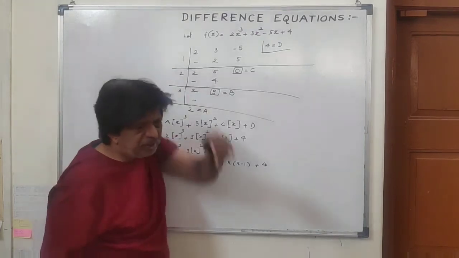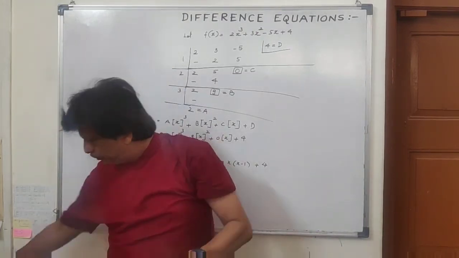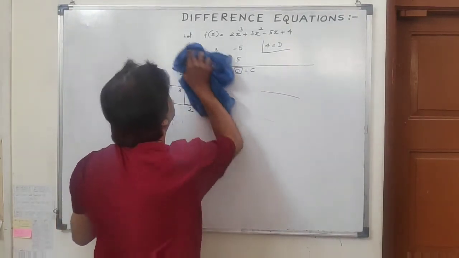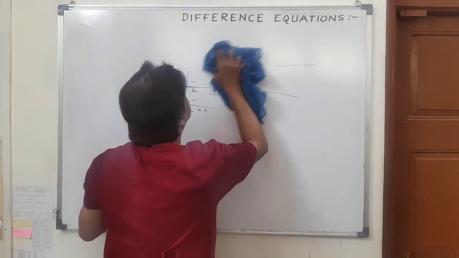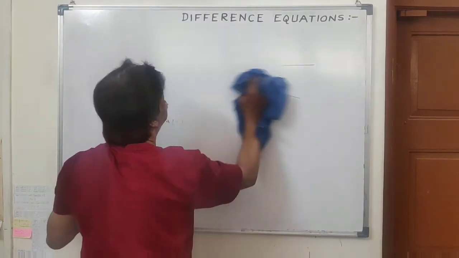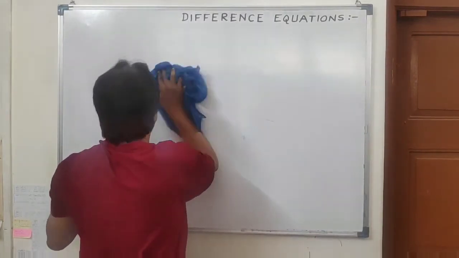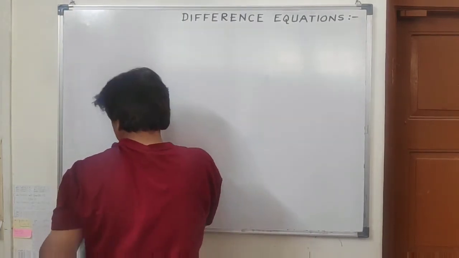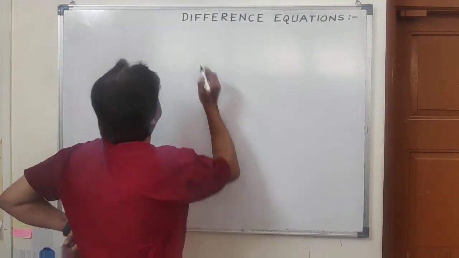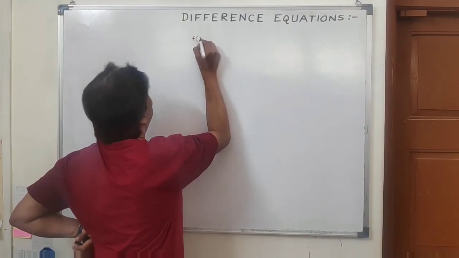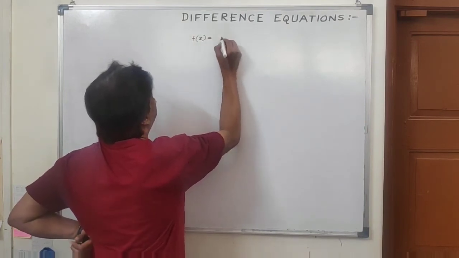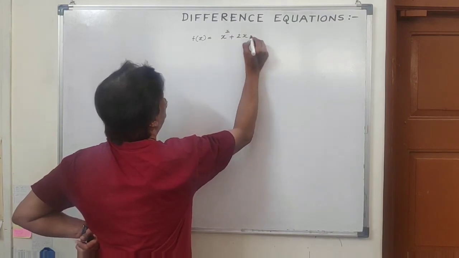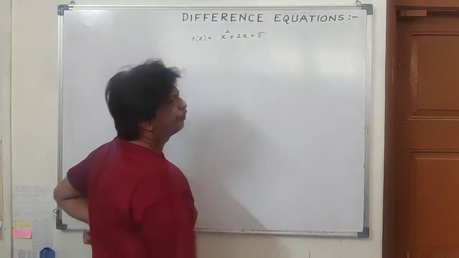So, we shall solve one more example. f of x is equal to x square plus 2x plus 5.